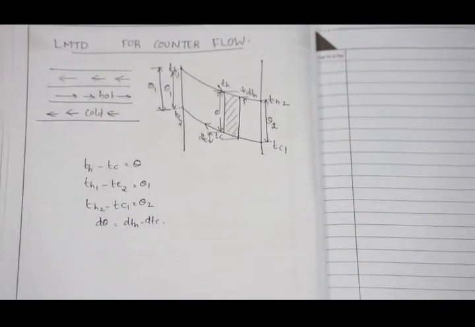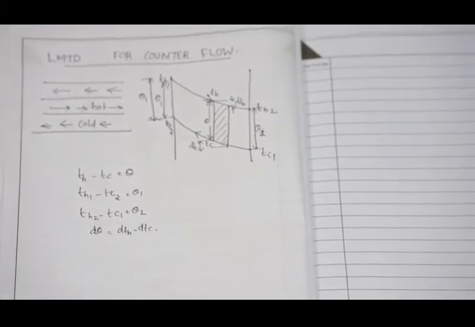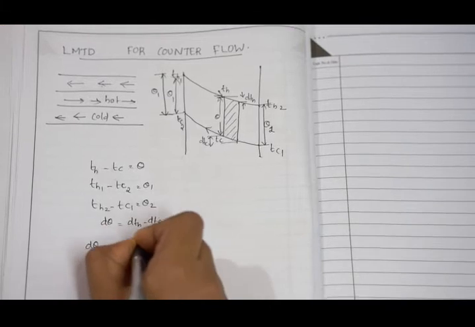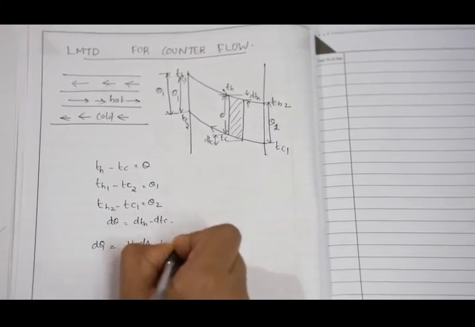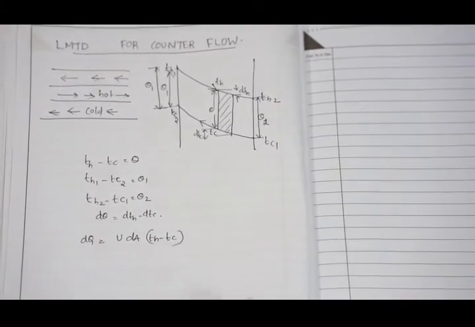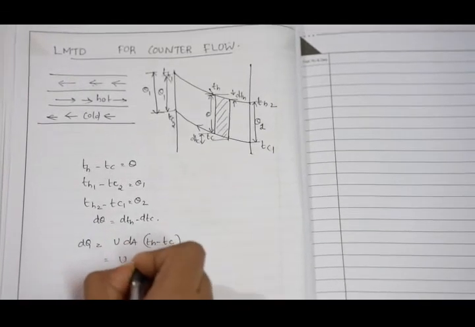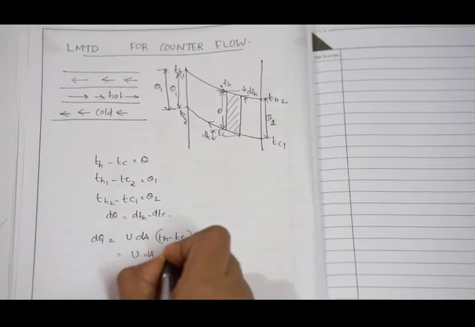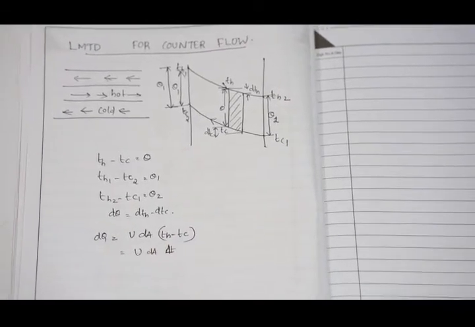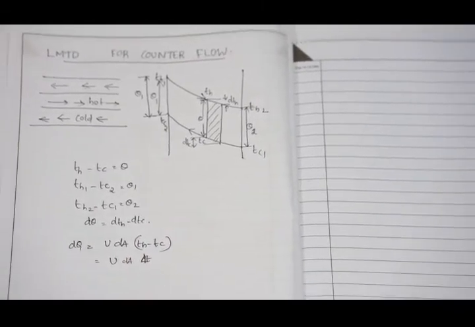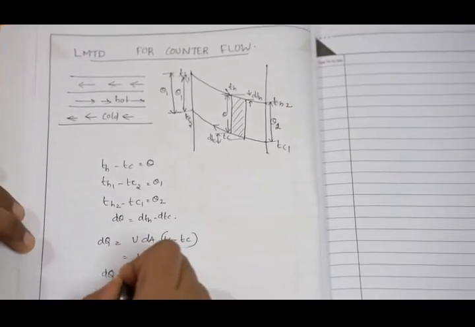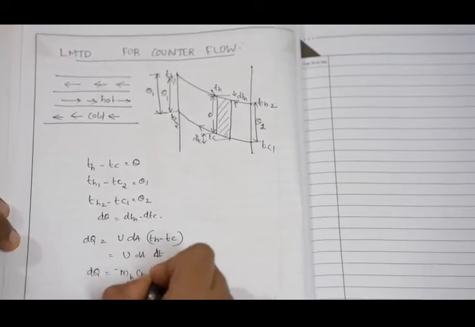Now, the rate of flow of heat through this elementary area is given by dQ is equal to U dA into TH minus TC, or we can write it as U dA into delta T. Then considering the hot and cold fluids, dQ is equal to, for the hot fluid, minus mH CpH into dTH.